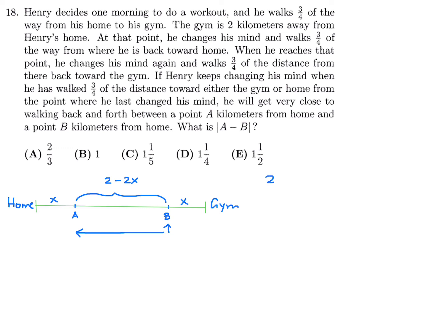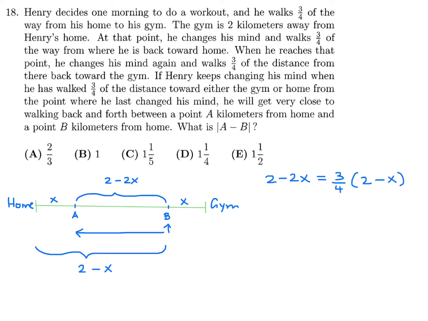So this 2 minus 2x represents 3/4 of the distance from B all the way back home. And the distance from B all the way back home is 2 minus x. So that is what you put here.